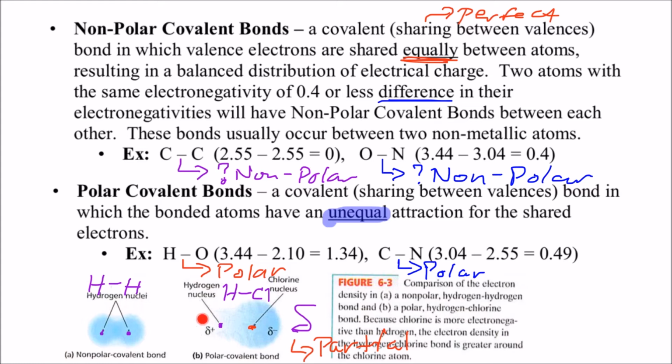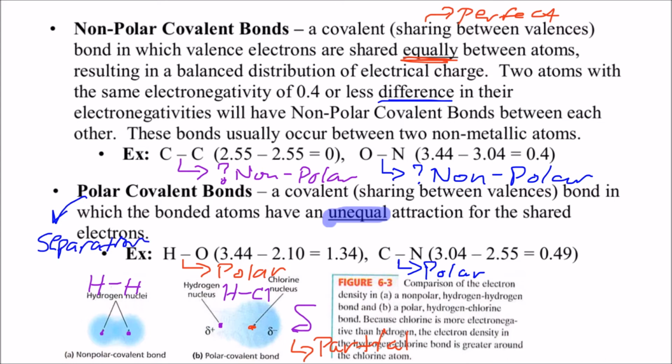So we have a partially positive hydrogen atom and a partially negative chlorine atom. And that's what polar means. Remember, I told you polar means separation. Let's write that down actually. Right here, let's write in that the word polar means separation.